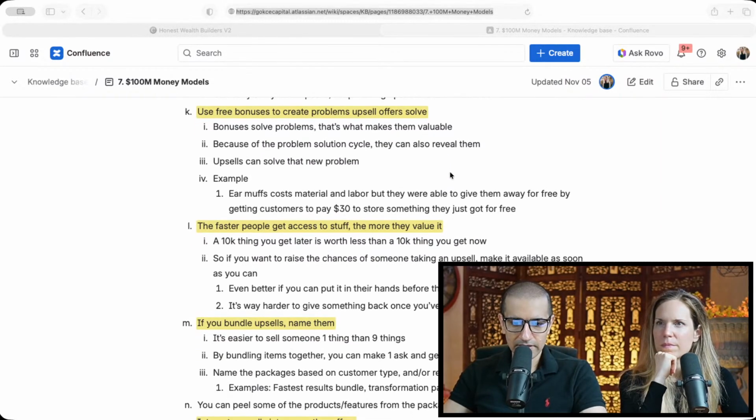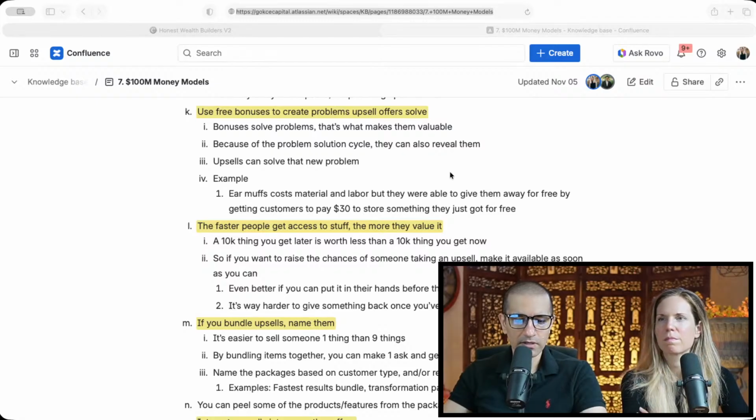All right, next one. Use free bonuses to create problems the upsell offer solves. So bonuses solve problems. That's what makes them valuable. Because of the problem solution cycle, they can also reveal new problems. So upsells can solve that new problem.